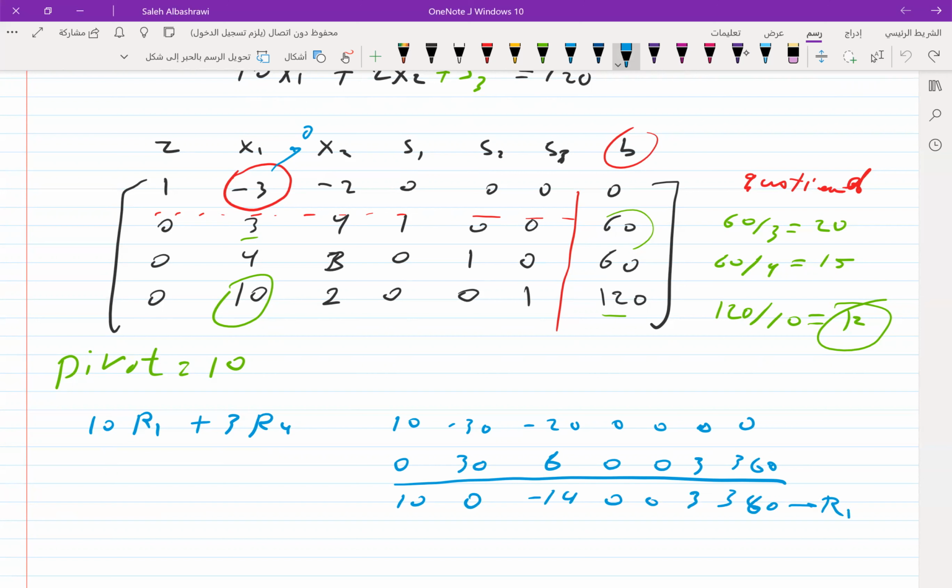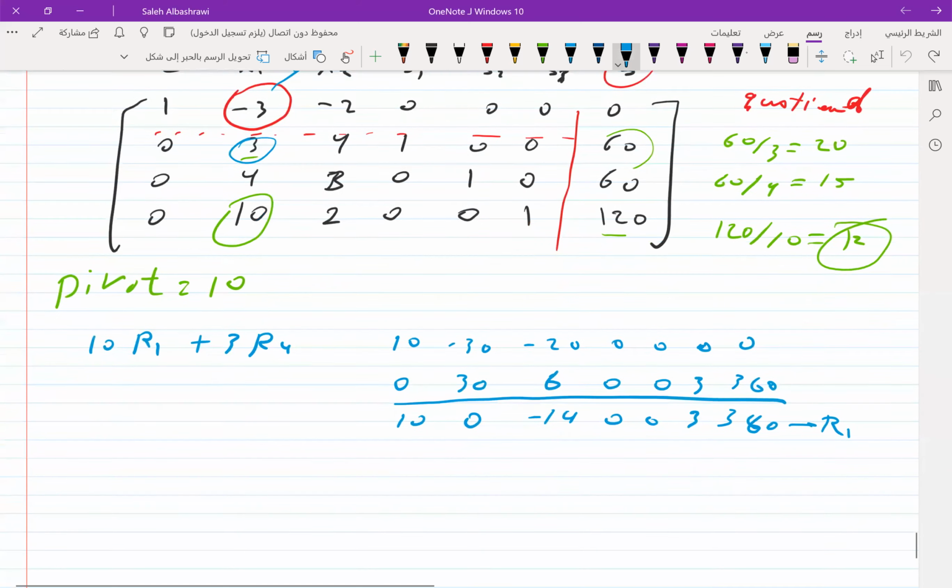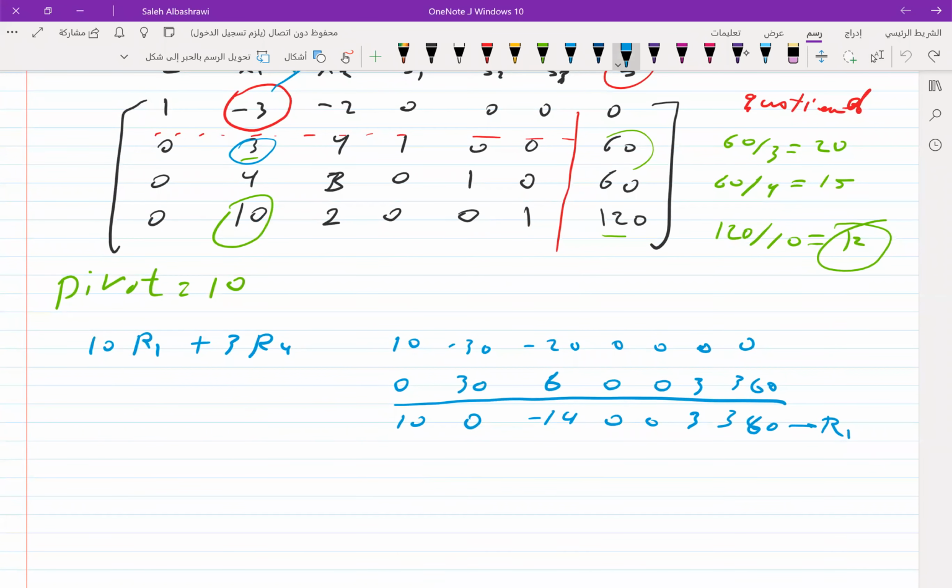Next one, I need to make the second element in this column equal to 0. So it will be 10 R2 minus 3 R4. Multiply the second row by 10, I will have 0, 30, 40, 10, 0, 0, and 600.